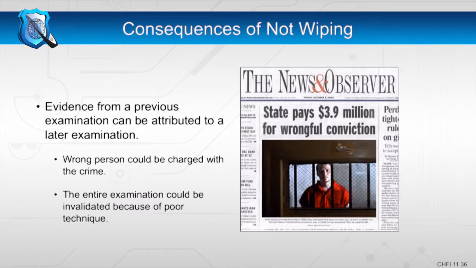Now, the consequence of doing this the wrong way is that people could get off, or people could sue the state for wrongful conviction. So we have to be very clear that we started with a zero blank slate, and we have to be able to prove that.